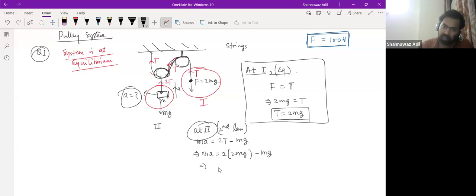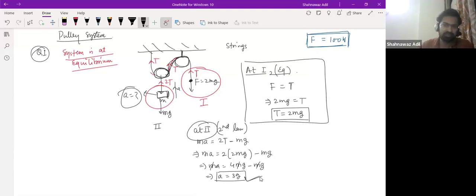So MA is 4 mg minus mg. So m cancels and a is 3g. Somebody has written in the chat box, a equals 3g. Yes, so this would be the answer.